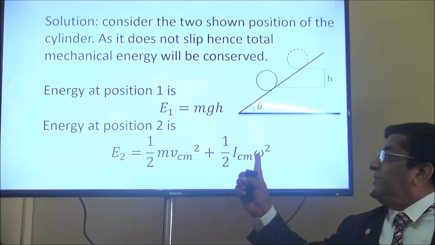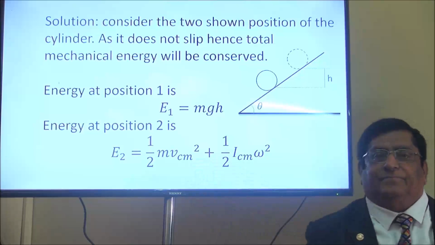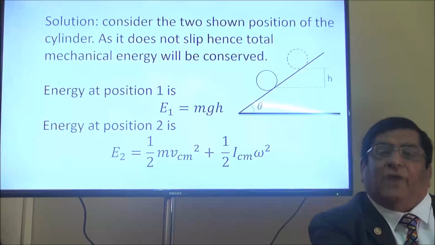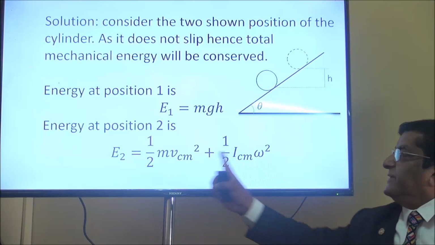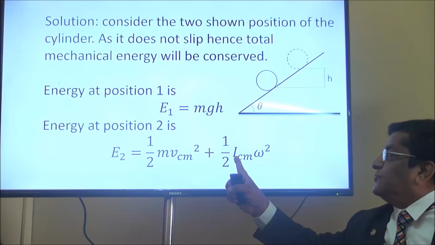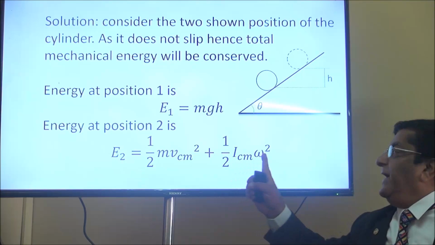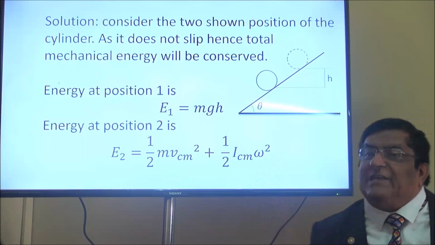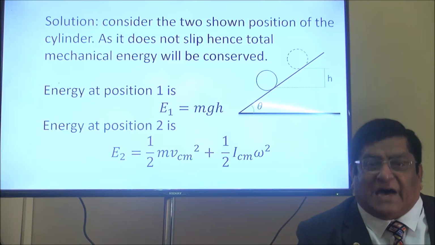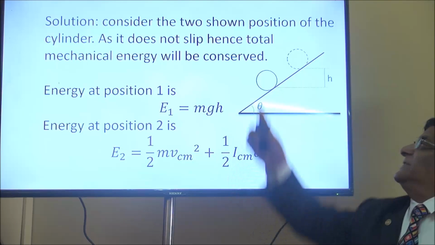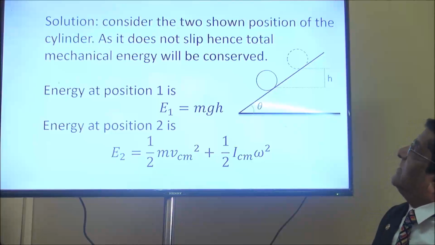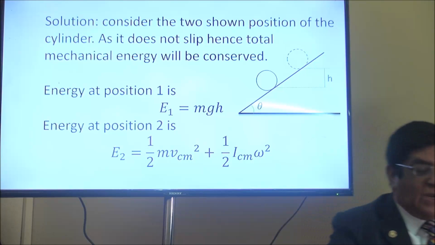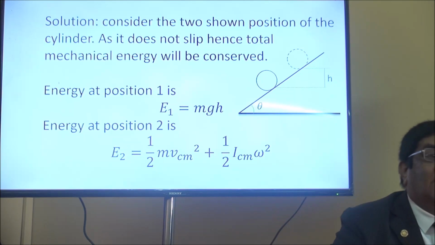can you convert it into V? Because we want to find out velocity, we must convert it into V. So what is to be converted? I and omega. Omega has a relation V square upon R square. I, we will see the body. What type of body it is? It is a cylinder, solid cylinder. For solid cylinder, what is the formula?